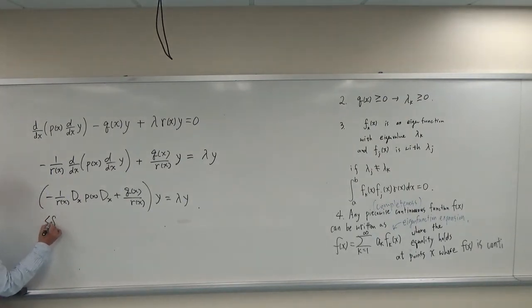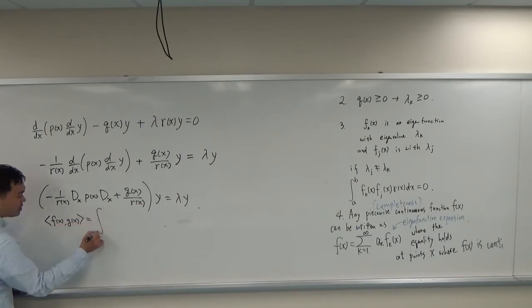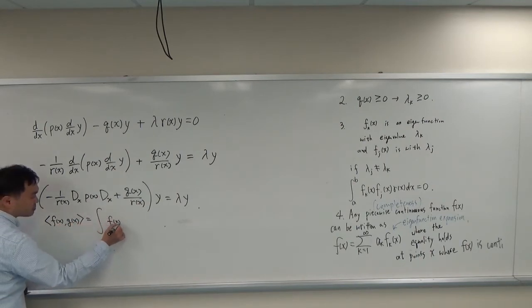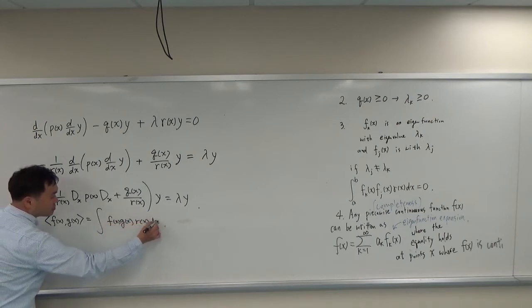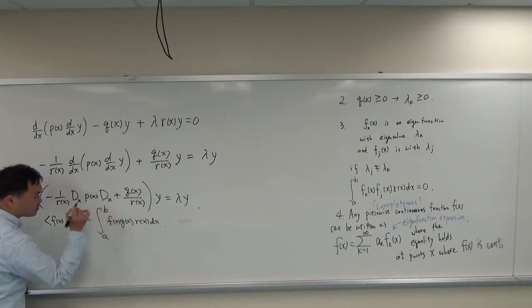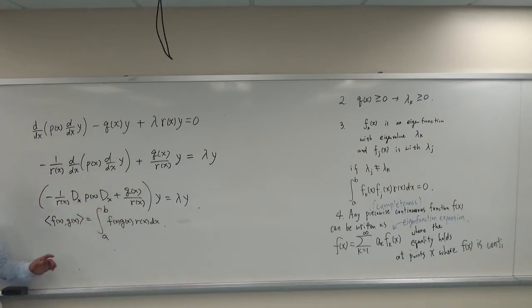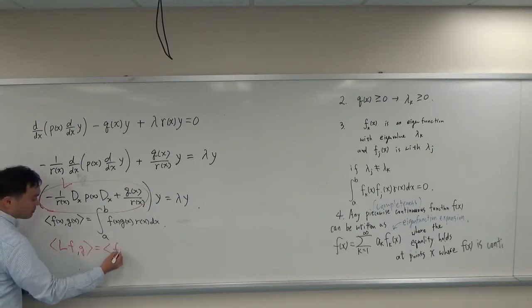So if I define the inner product of f(x), g(x) as this weighted inner product, then if I call this operator L, then I have to show that the inner product of L f with g is equal to the inner product of f with L g.